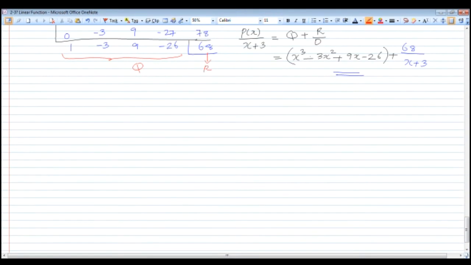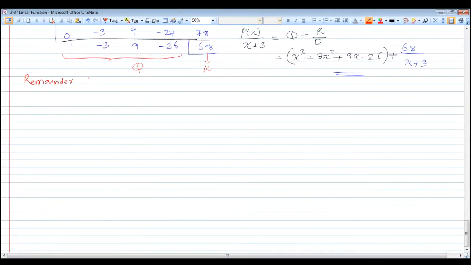Okay. Now the next topic we are going to study here is the remainder theorem and the factor theorem. So what does the remainder theorem say? This is the same story, but only one extra additional thing.